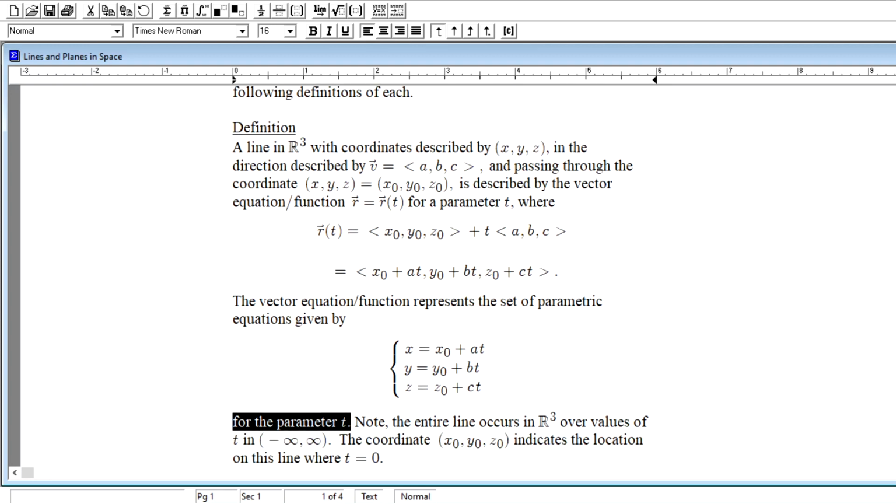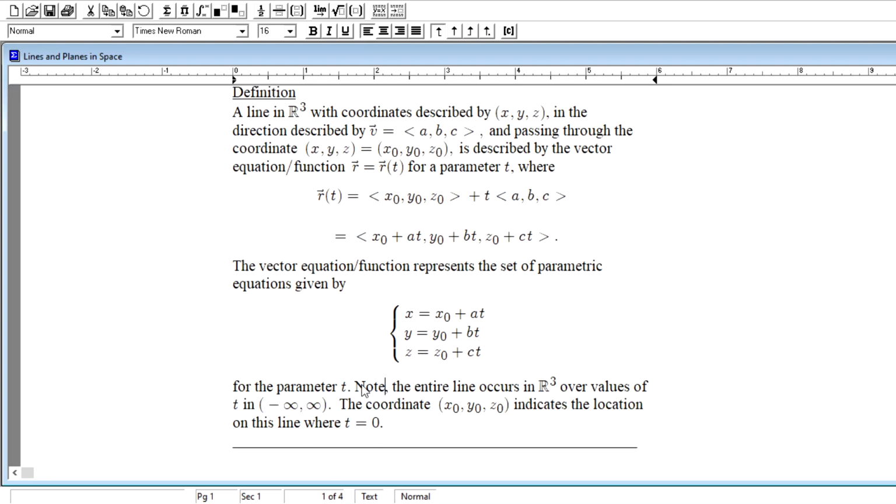And in this particular case, we might take note the entire line in R3 is going to occur over values of the parameter from negative infinity to infinity, and that coordinate x null, y null, z null that we see in this linear description of that line is going to be the location where t is equal to 0.